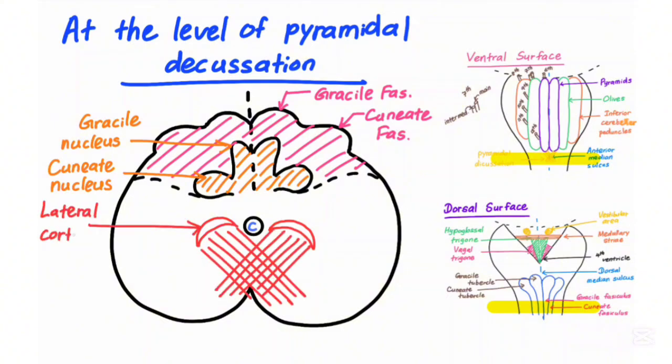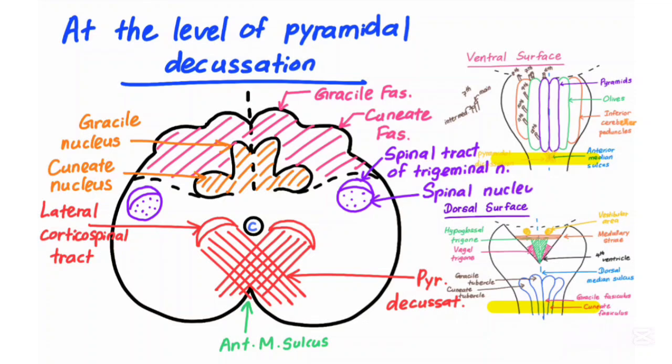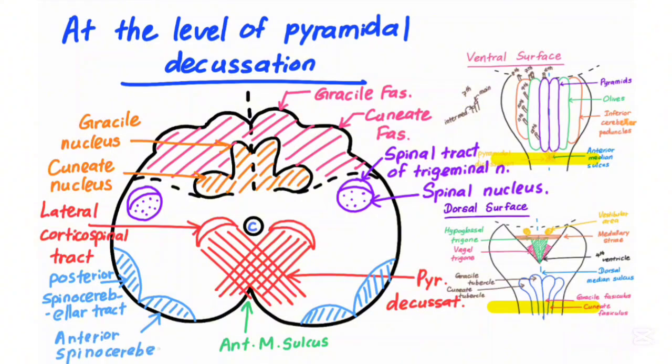Here's the lateral corticospinal tract and here's the pyramidal decussation. And this is the anterior median sulcus. Apart from them, we can see spinal tract of trigeminal nucleus and spinal nucleus of trigeminal nerve. And here are posterior spinocerebellar tract and anterior spinocerebellar tract.